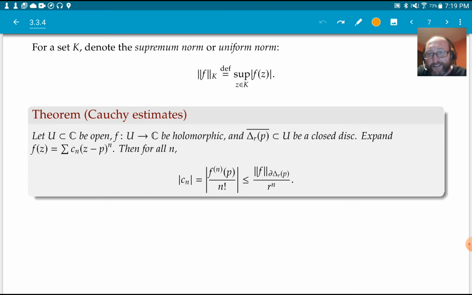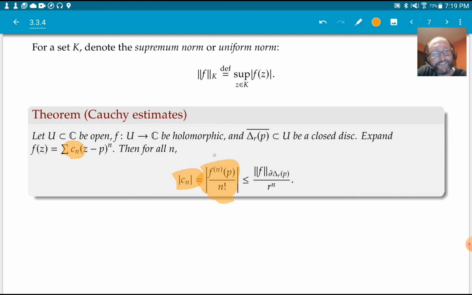Now, once we have that, we look at the formula for c_n, right? And we do a little bit of estimation, and we find that c_n, or another way of, we saw that those are equal to this, right? So we know that these are sort of equivalent. That's what we proved when we looked at analytic functions.